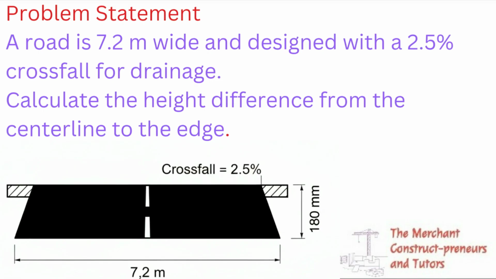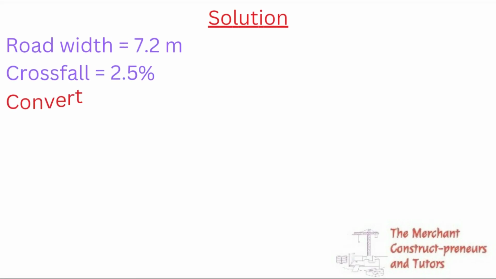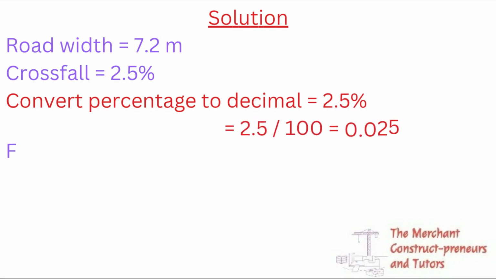So you have the road sloping at a 2.5% slope. We want to know the difference in height for us to achieve that 2.5% slope from the center line, that is the camber, to the drainage point. This is another way that we can be confronted with questions that have slope, so we need to tackle it.